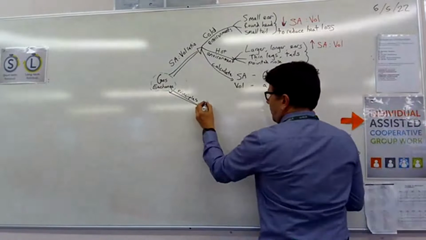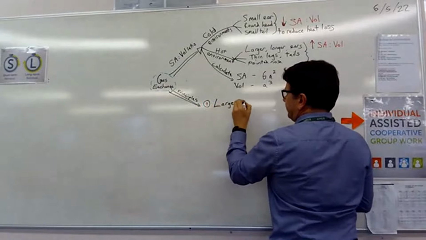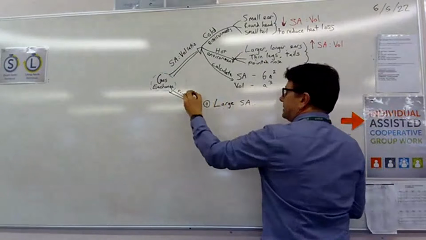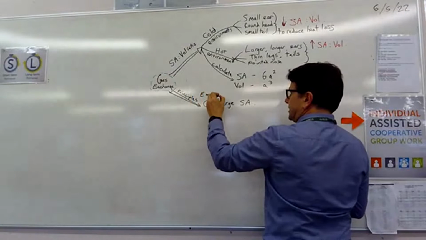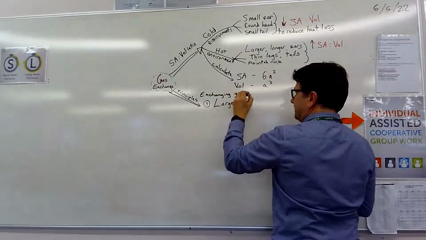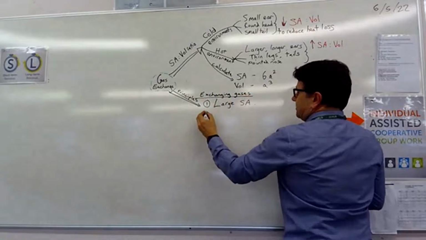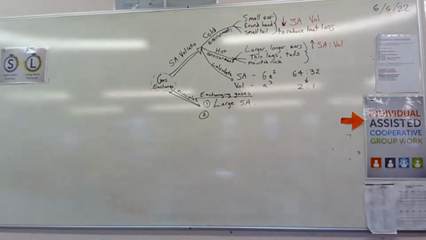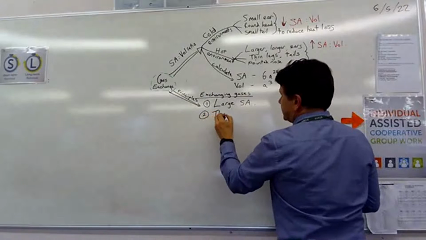So, principle number 1, we've got a large surface area. Okay, so this is about gas exchange, exchanging gases. We're going to have a large surface area, usually. Secondly, what else are they going to have to allow diffusion to occur quickly? Thin membranes, good. So thin membranes.